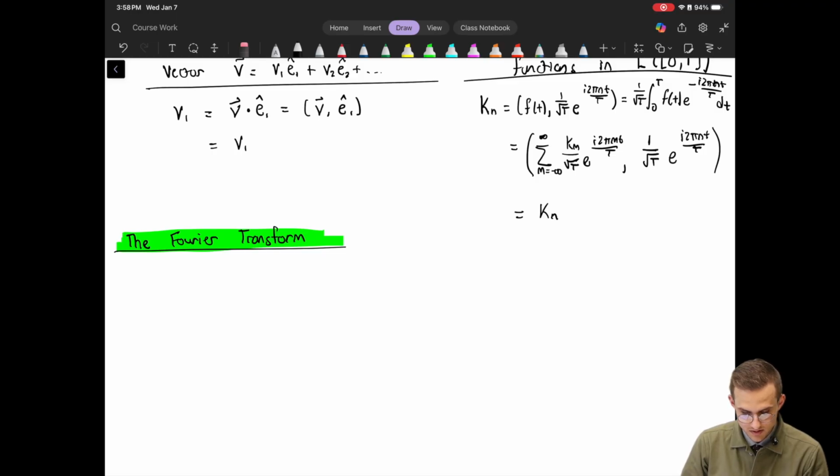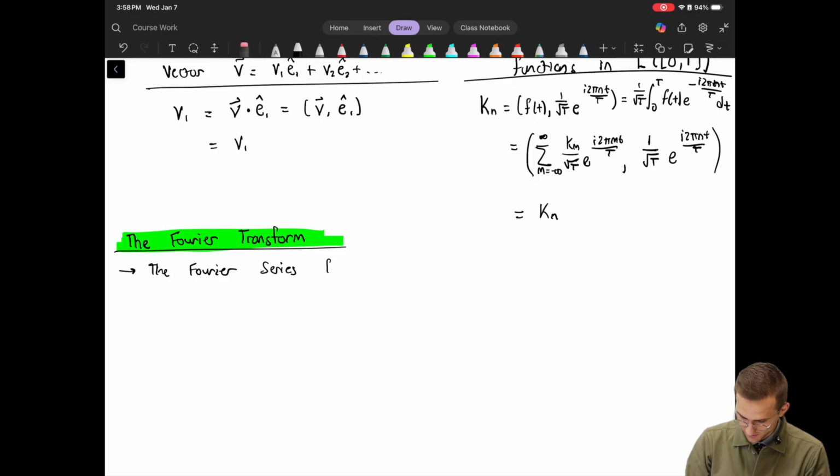So I'm just going to rewrite the Fourier series, and I'll leave out the kn's and the square roots jargon for now.